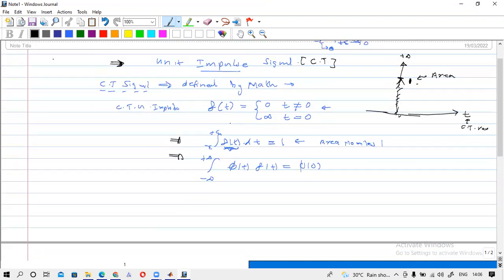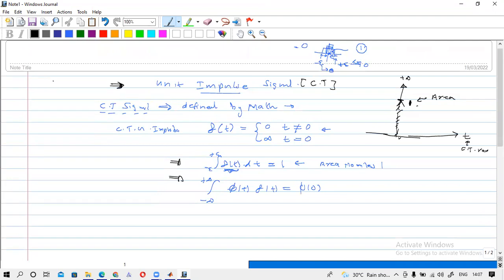What I want to tell you is that if you want to generate this continuous time signal in Matlab, you have to use that function, definitely. Otherwise, you can't generate it. It will generate some errors because this should go to infinity. So you definitely have to use the related function to generate the continuous time signal in Matlab. We will discuss this another time if we have time.